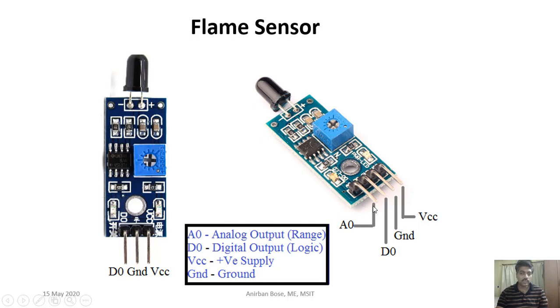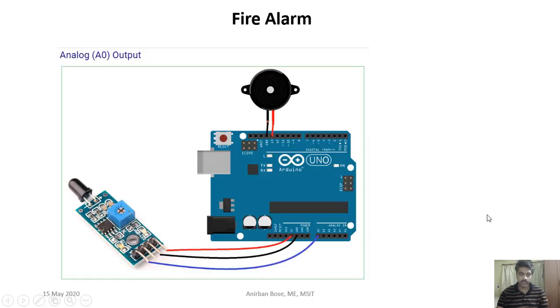So fire alarm, how will the connection be? You can see that one will go to the power, 5-volt power, another one will go to the pin, another one will be grounded, and one buzzer may be connected. Here you can see, and then depending upon the conditional loop, the buzzer will automatically give a certain tune that will be sent.